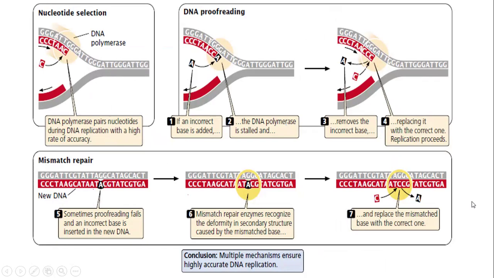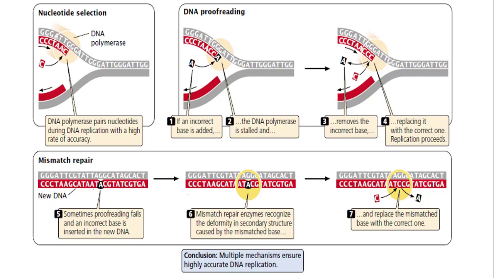So this cartoon shows us nucleotide selection and DNA reading, what actually occurs from 1 to 7. DNA polymerase pairs nucleotides during DNA replication. If incorrect, DNA polymerase is stalled until you remove the incorrect base and then replace it with the correct one.